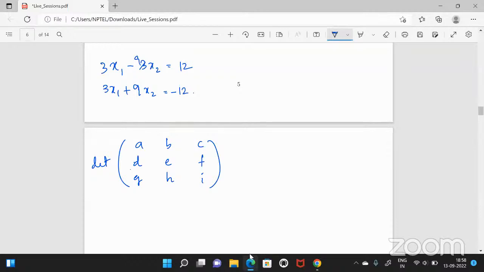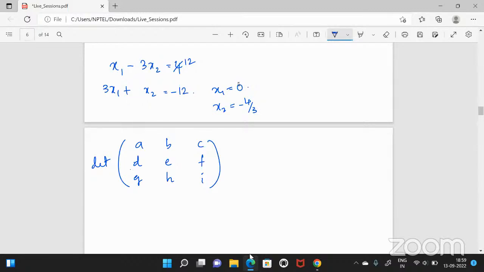Then when you add, x1 will be 0. x2 is -4/2. Right? Yes, ma'am.